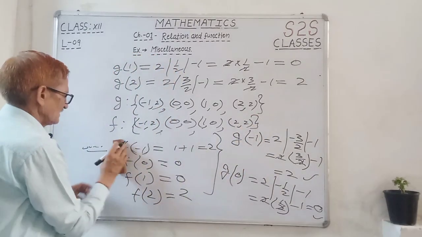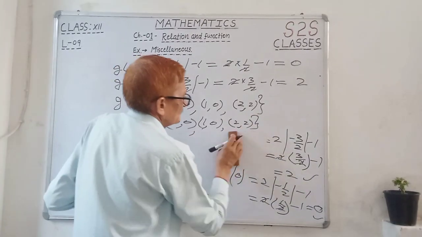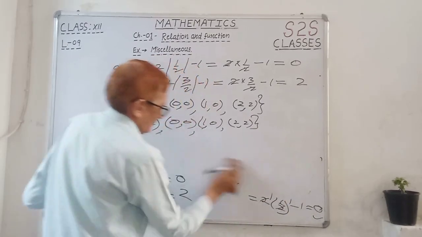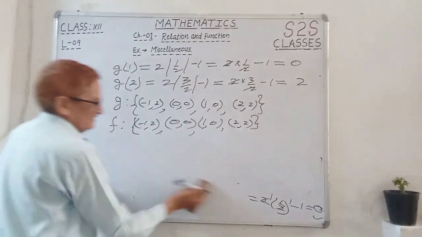So these are the two functions we have calculated according to the given rule and sets A and B.